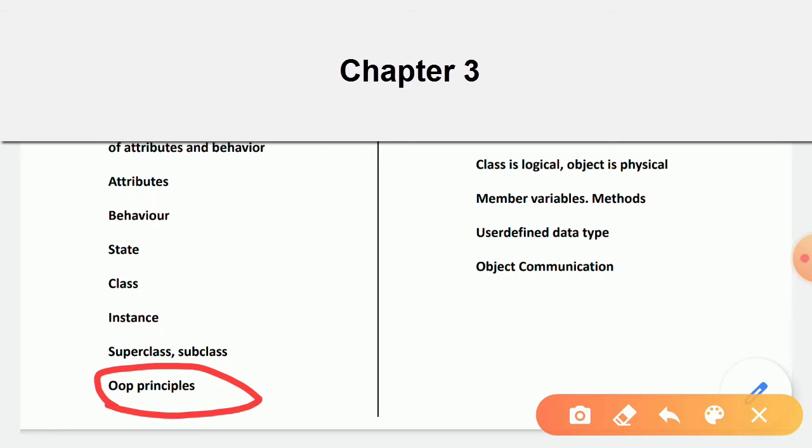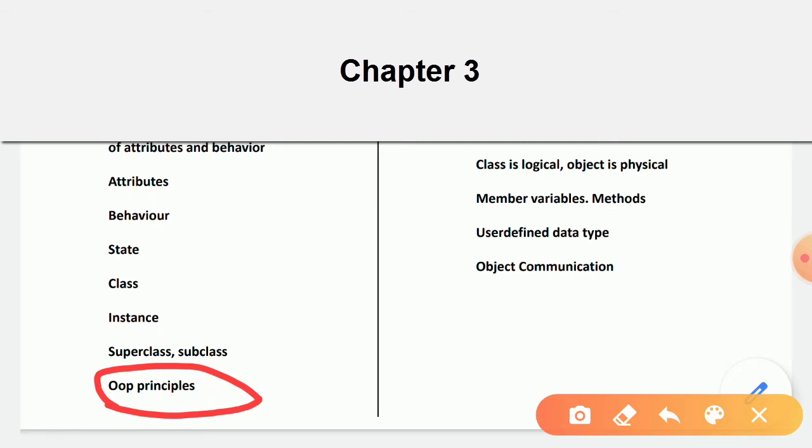Another level of abstraction is for a mechanic, let's say. A mechanic must know the inner working of the car, then only the mechanic can fix the car if there is some problem. So the mechanic will have access to the inner workings.